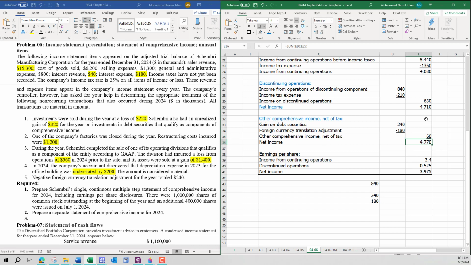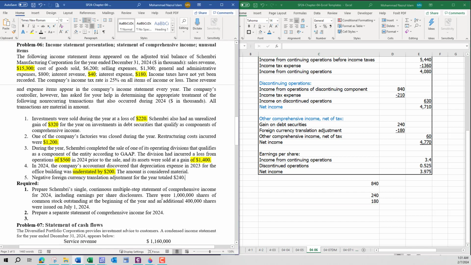Finally, the net income is the sum of these two. Now, earnings per share should be equal to income from continuing operations divided by the weighted average shares outstanding, so we need to calculate that. There were 1 million shares of common stock outstanding at the beginning of the year, and an additional 400,000 shares were issued in the middle of the year.